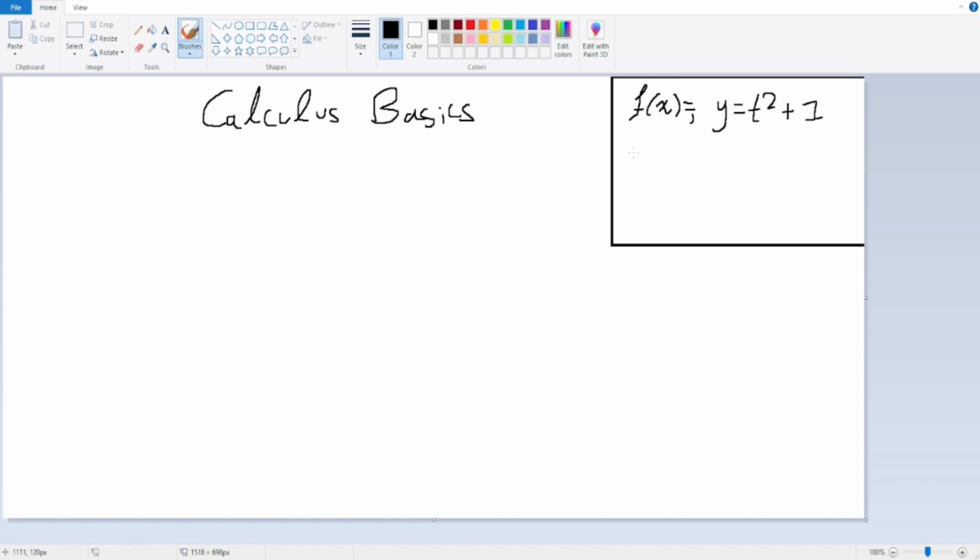And so a derivative is an operator that you use on a function. The derivative of y, you write it like this. A derivative is something you do on a function, so this is t squared plus 1.